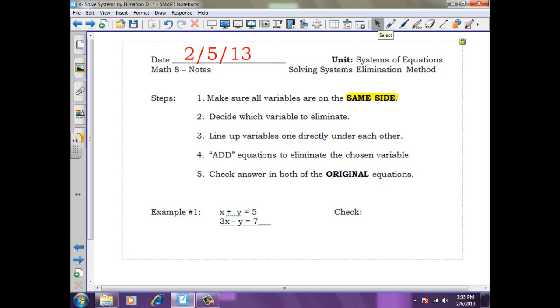We want to decide which variable we can eliminate, and you'll see one will lend itself to being eliminated more nicely than another. X or y we're going to eliminate. We're lining up the variables directly under each other, and we're going to add the equations to eliminate the chosen variable, checking the answer in both of the original equations. Let's begin.